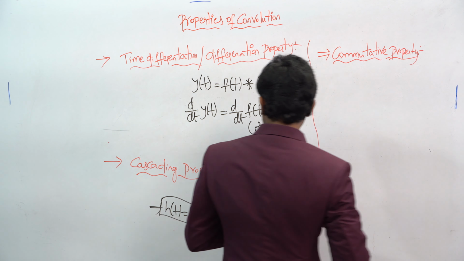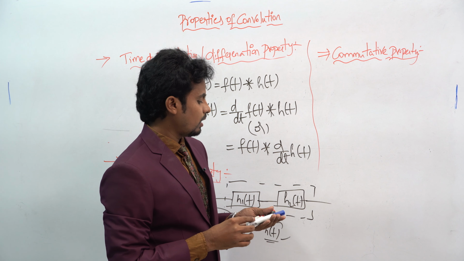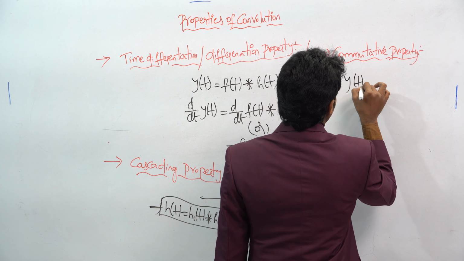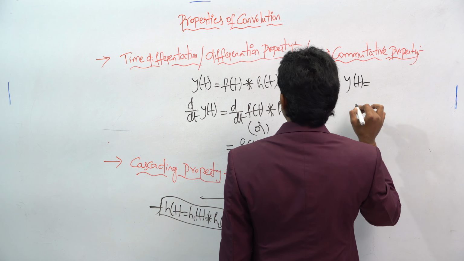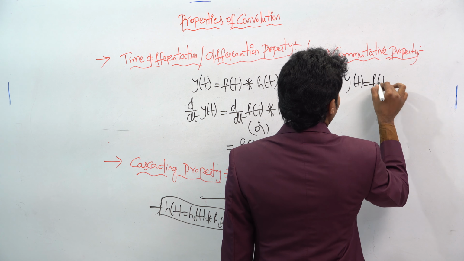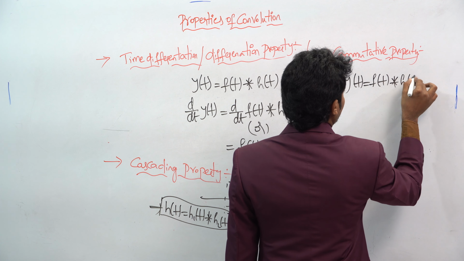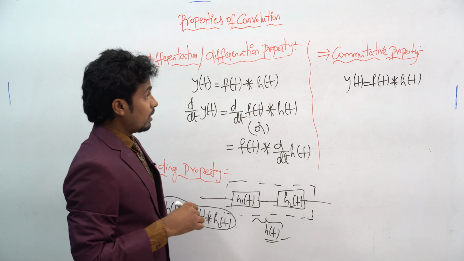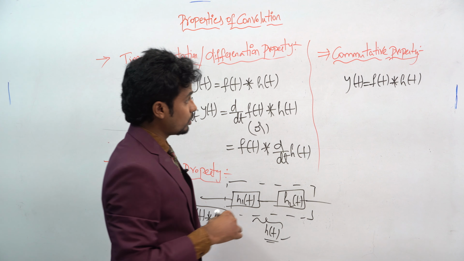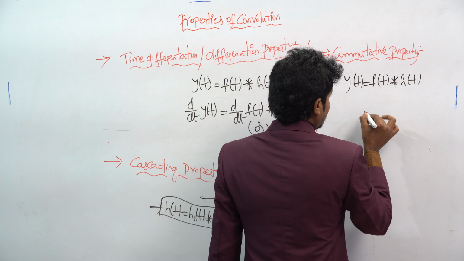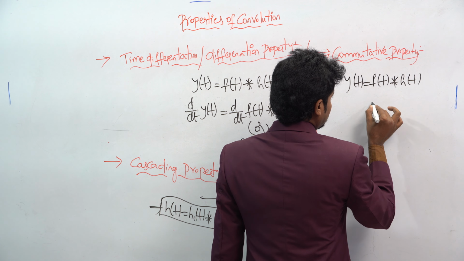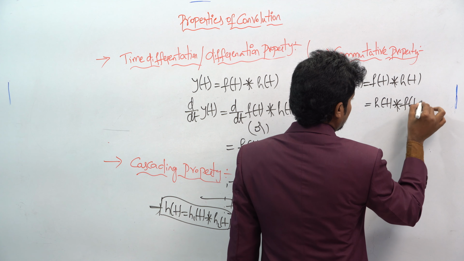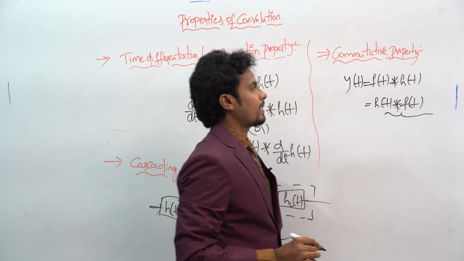If you want to write y of t equal to f of t convolved with h of t, then writing h of t convolved with f of t is also right.